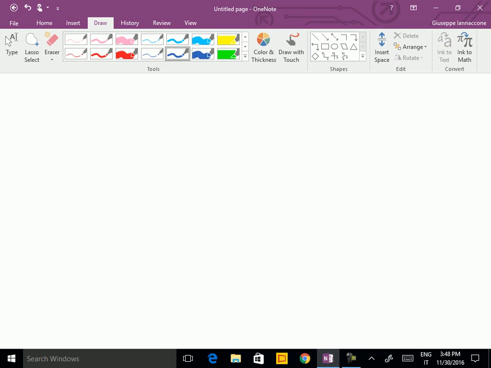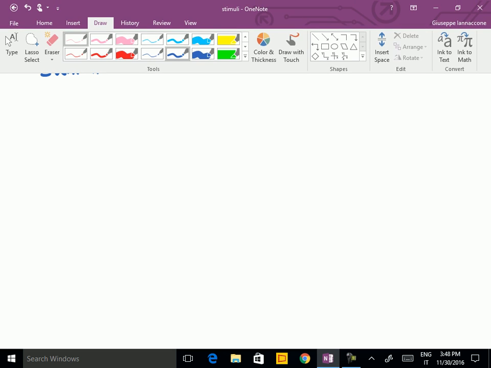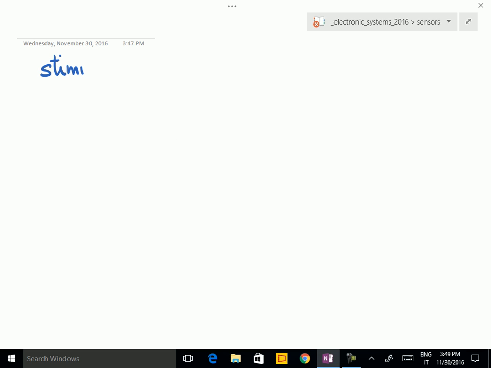So let us talk of a generic sensor, and let us call with a small s the stimulus of the sensor and the response of the sensor, which is the electrical signal, which is the response.